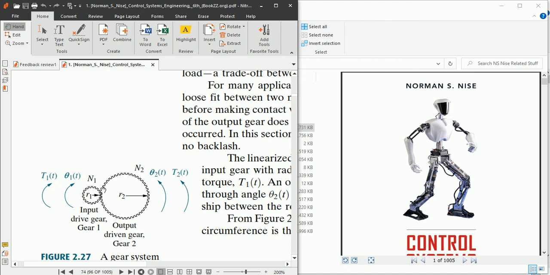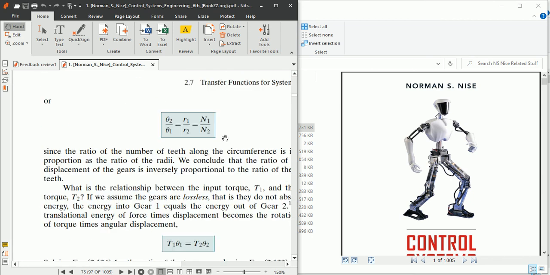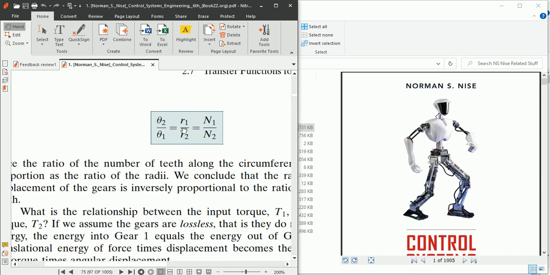One will move clockwise and the other anti-clockwise. So here you have theta 2 over theta 1 is equal to R1 over R2 is equal to N1 over N2. So theta and R are inversely proportional, R and N are directly proportional, and theta is inversely proportional to both.